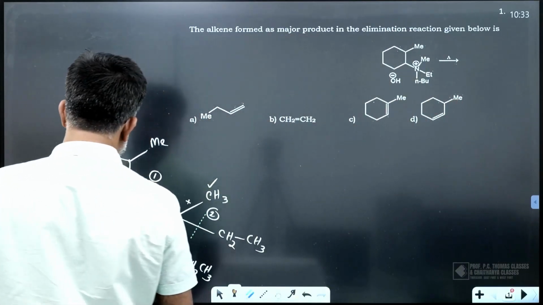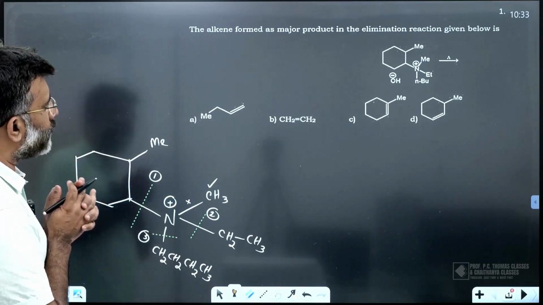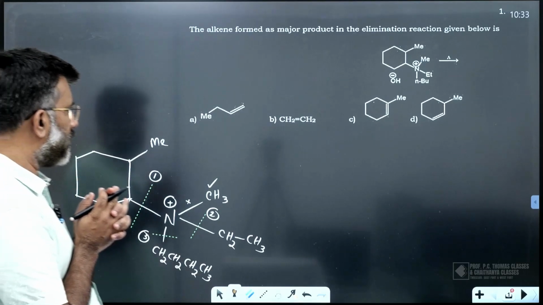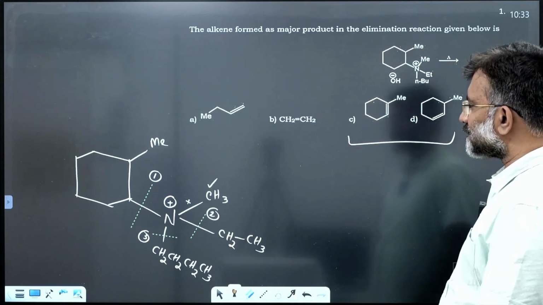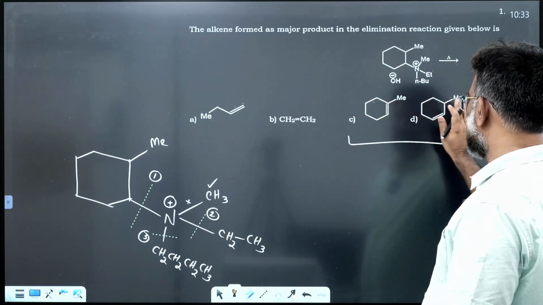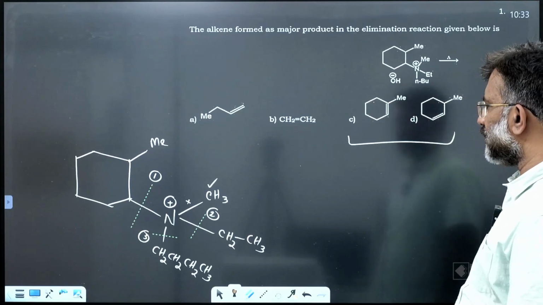Now suppose it is cleaving at the first position. The possible product can be C and D. Whether you get C or D is the point of discussion.